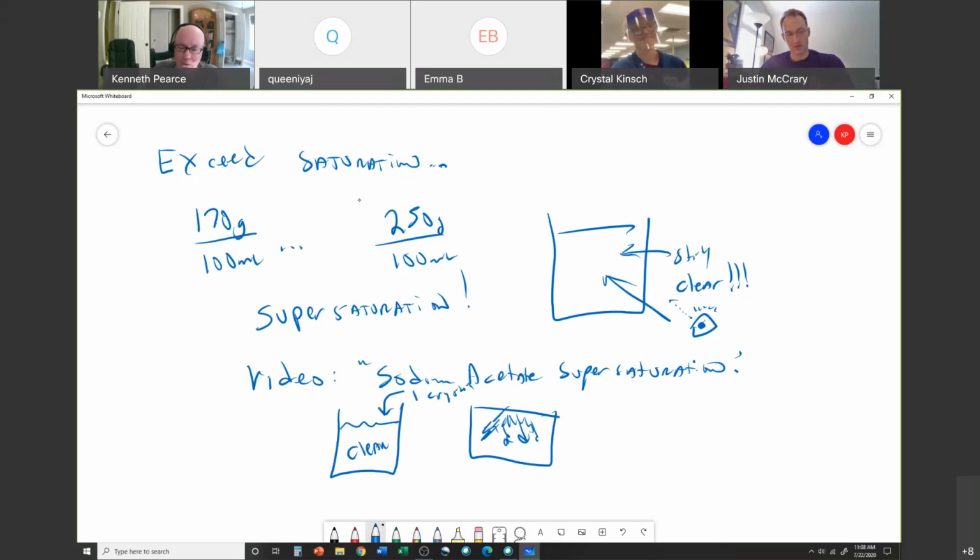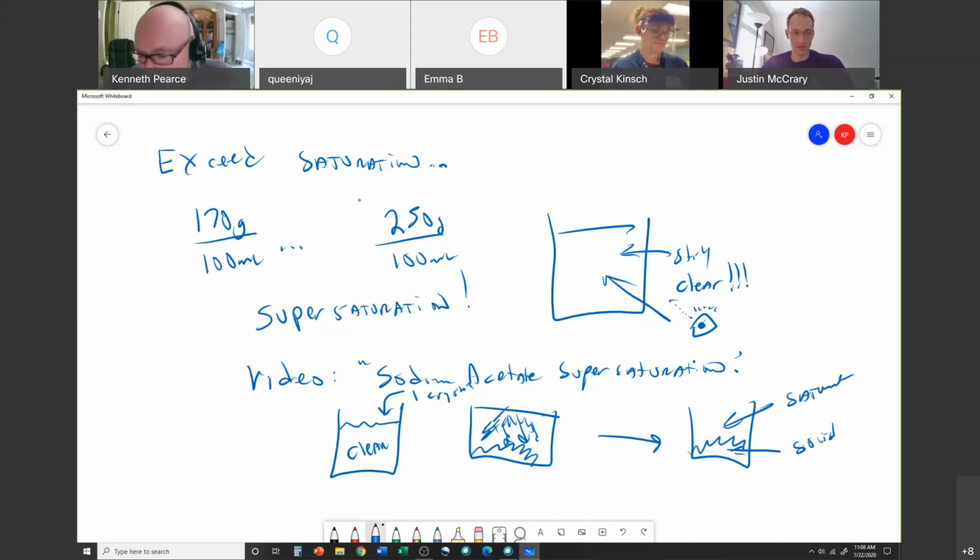Okay. And it will continue dumping crystals until you get back to saturation. Saturation being what? You have the maximum to hold, and what's on the bottom? You have solid on the bottom. All right. So you go from supersaturation to saturation, and you have a bunch of crystals sitting on the bottom.